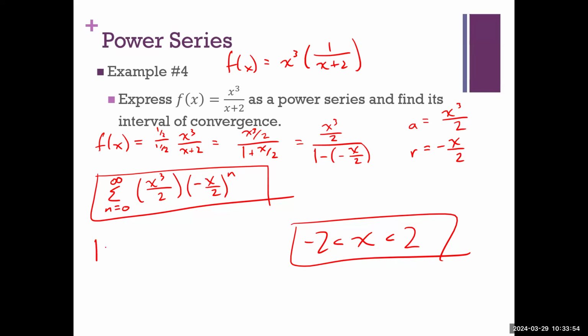So the absolute value of negative x over 2 is less than 1. That means the absolute value of x is less than 2, which leads to this. Questions?